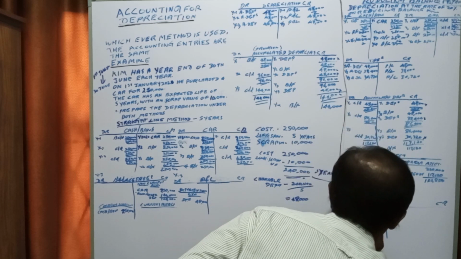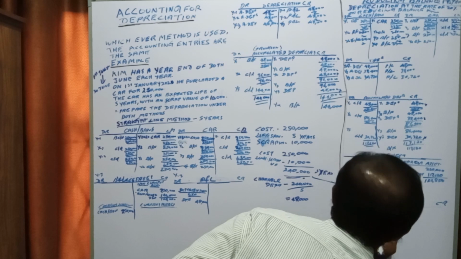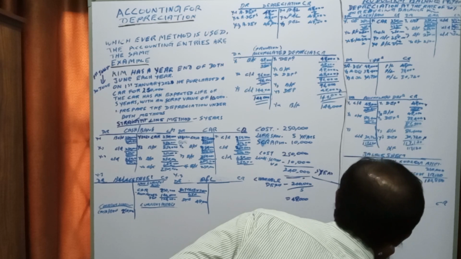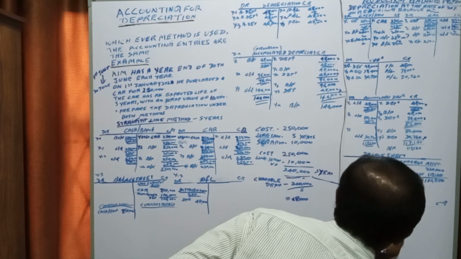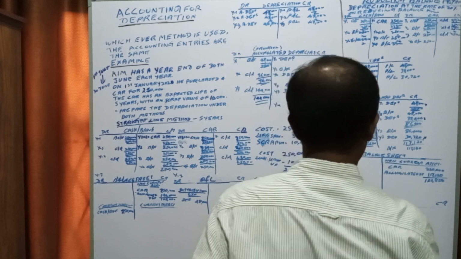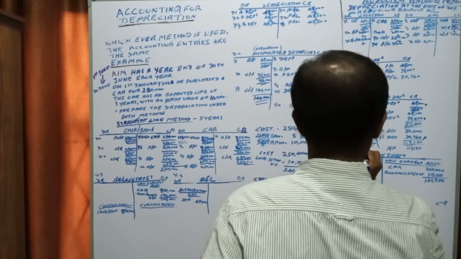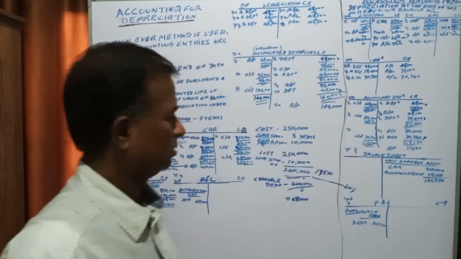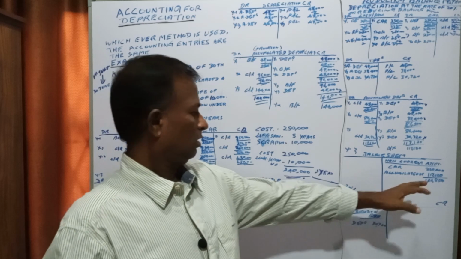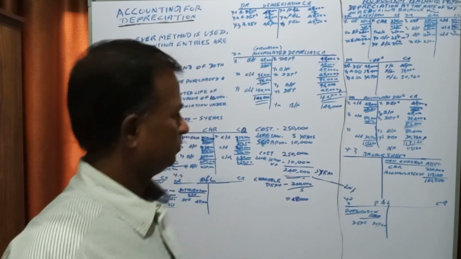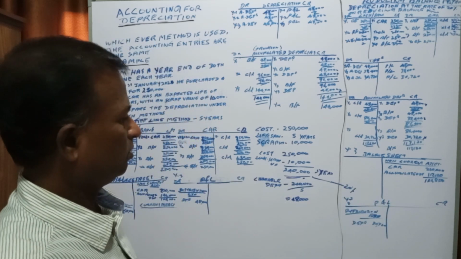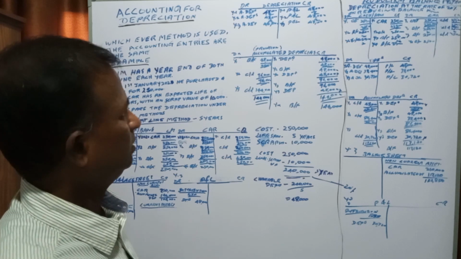Depreciation is 30,720, right? This is for year 3. Year 3 only I have shown. Related account, cash account is not needed to show, right?